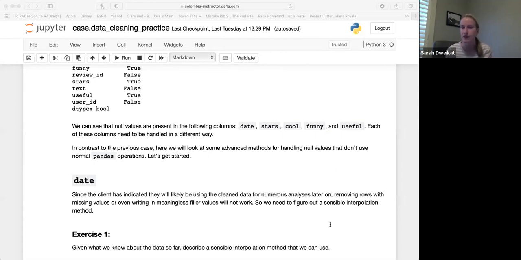We have a lot of missing values here, and we don't just want to get rid of all of that data. We are going to be using this for future analyses, and it's important to our client that we figure out the best way to handle date.